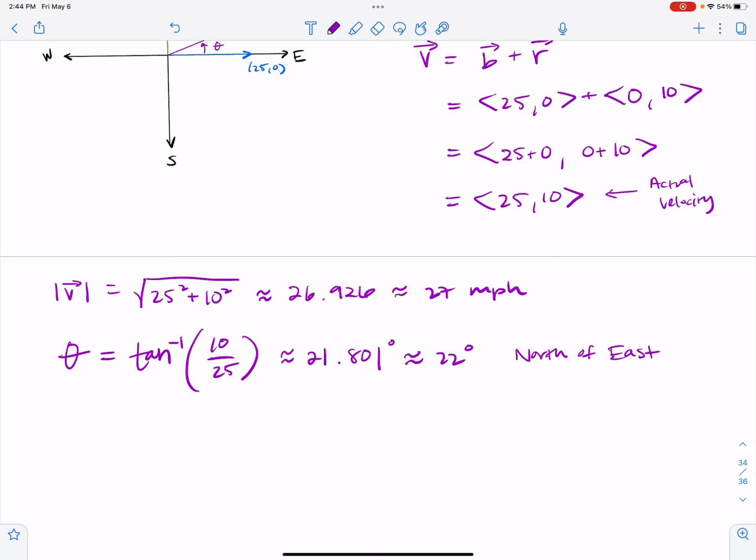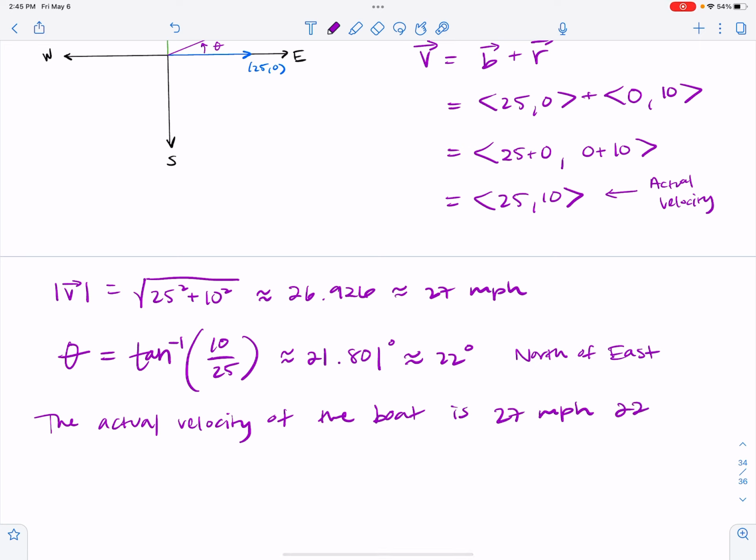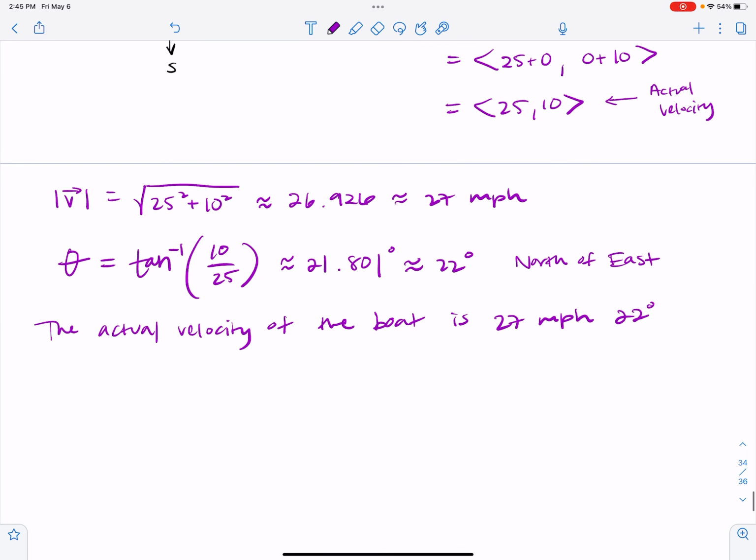So we can say the actual velocity of the boat is 27 miles per hour, 22 degrees north of east.